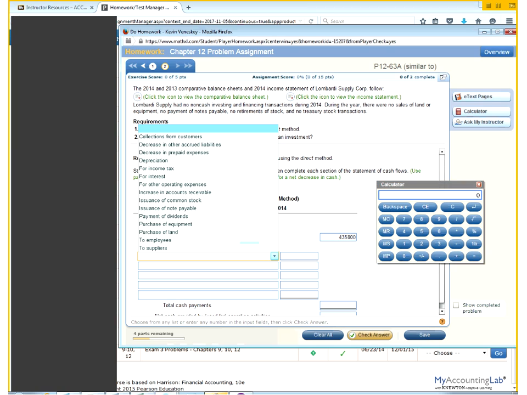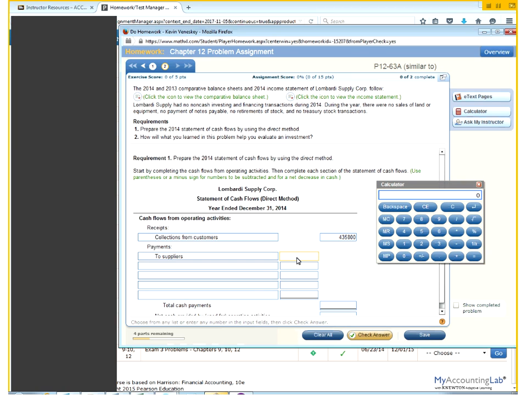Cash payments. Remember, the first thing we're going to want to look at is to the suppliers. And the suppliers is going to have 3 different amounts with it, most likely. If we look back to that Word document that I have, you're going to start with your cost of goods sold. So that's $185,800. And then the next thing I want to look at is my inventory.